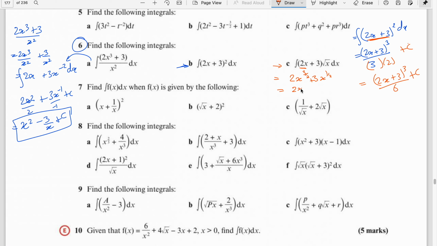So 2x to the 5 by 2 divided by the new power, 3x to the 3 by 2 divided by the new power, plus c. When we simplify, this becomes 4 over 5 x to the 5 by 2 plus 2x to the 3 by 2 plus c.